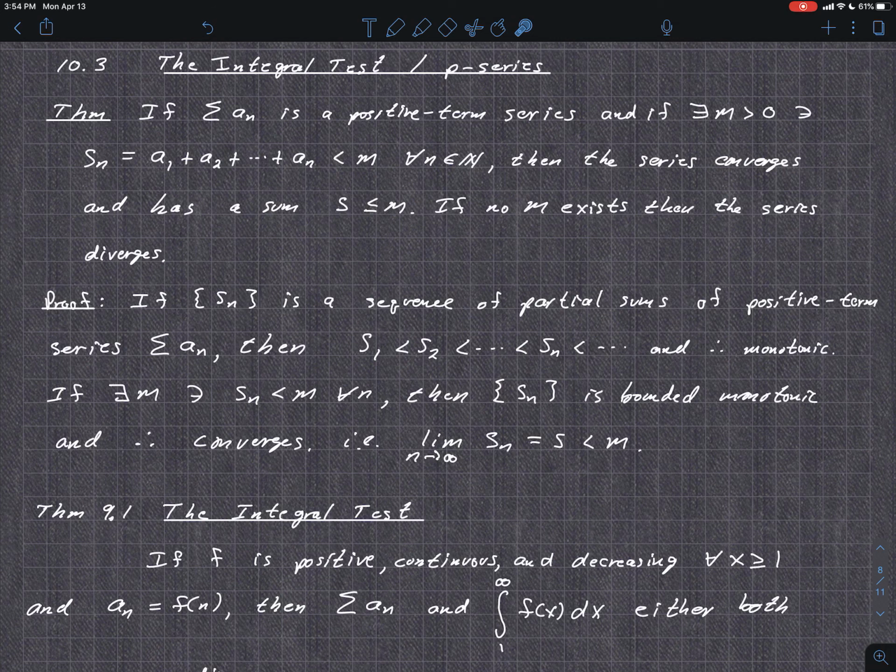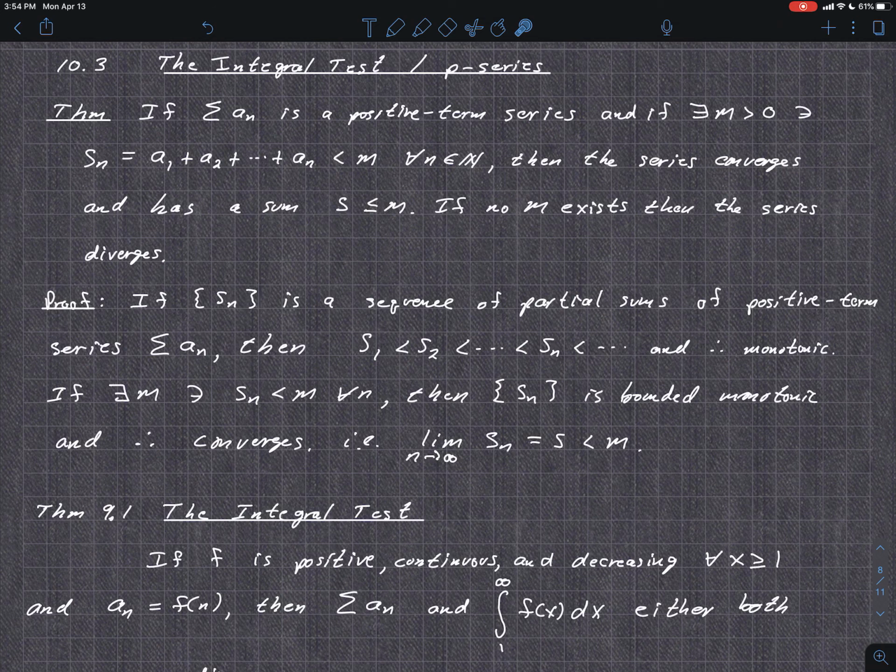If there exists an m such that S sub n is less than or equal to m for all n, then the sequence is bounded and monotonic. And we know from the previous theorem that a bounded monotonic sequence converges. Therefore, the limit of S sub n, the sequence of partial sums, is equal to S as n approaches infinity, which is less than or equal to m. And then it goes on to say if no m exists, then it diverges.